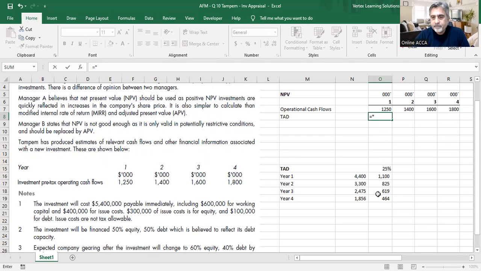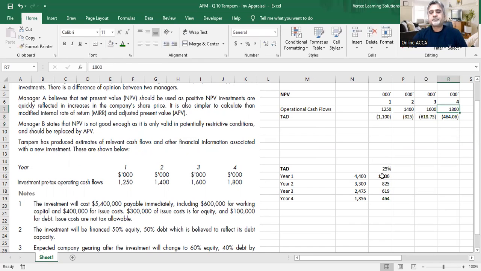I multiply by -1 and get the depreciation to be shown in the second year and the third year. And I come down to this. So this is our taxable profit now.